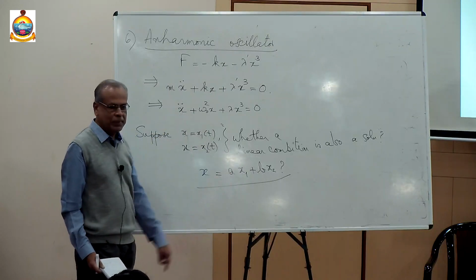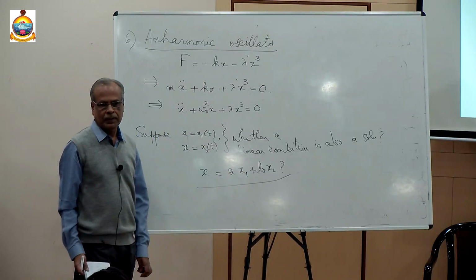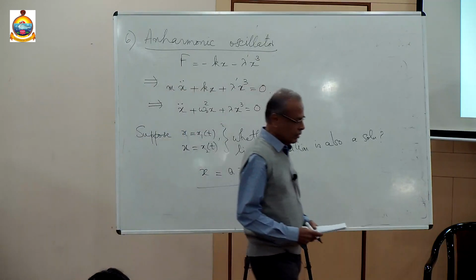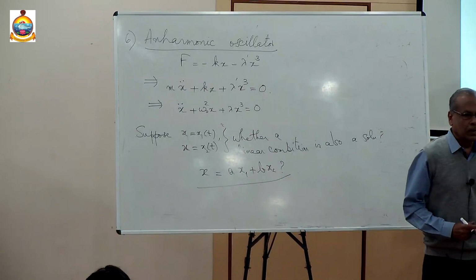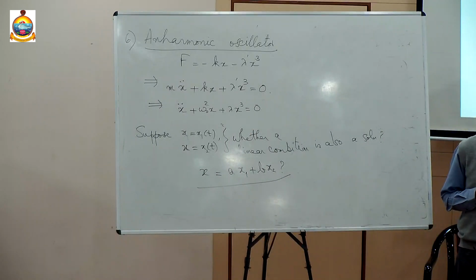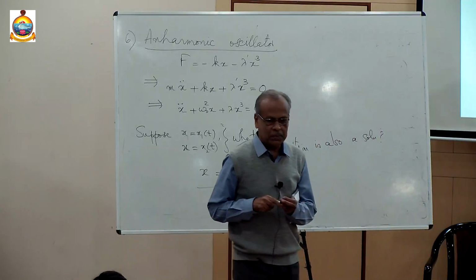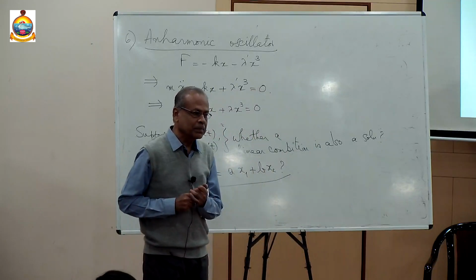Under what condition will x equal to a x1 plus b x2 be a solution? Lambda equal to 0, obviously we already checked, that is, linear superposition is valid.